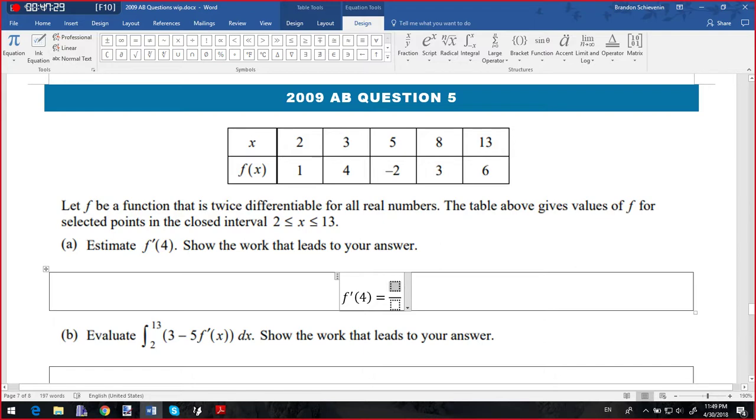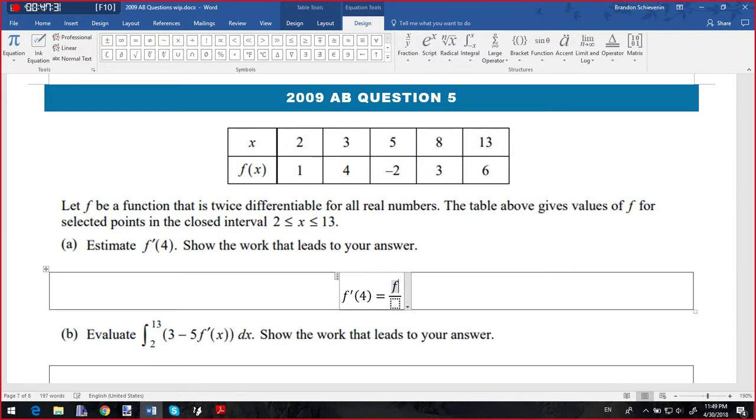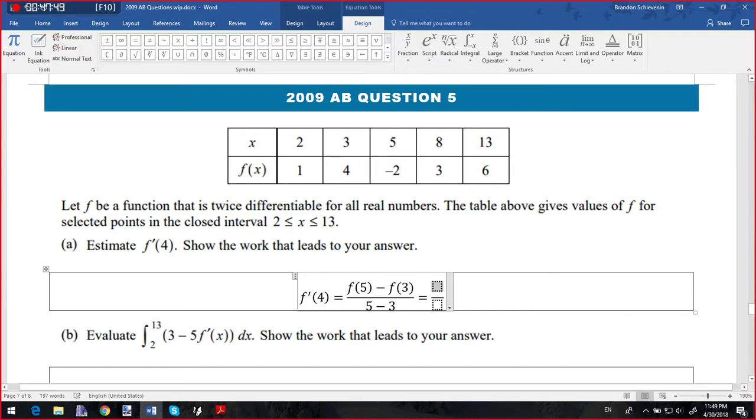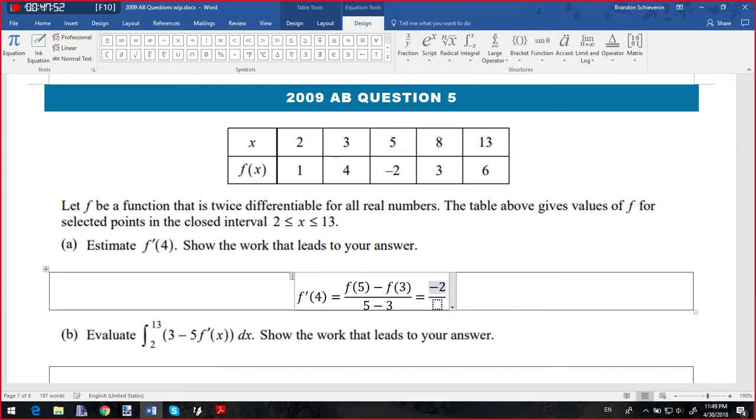So that would be y2 minus y1, or f(b) minus f(a), f(5) minus f(3), over b minus a, 5 minus 3. Should give me the average slope between those 2 points. So that gives me negative 2 minus 4 over 2, or negative 6 over 2, is negative 3.